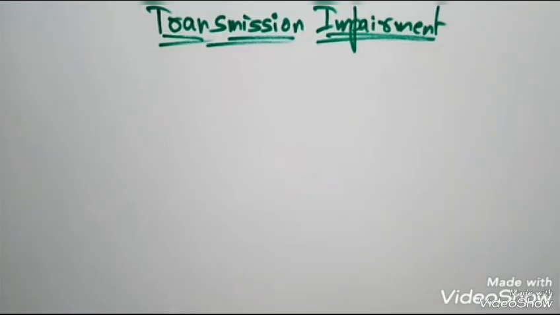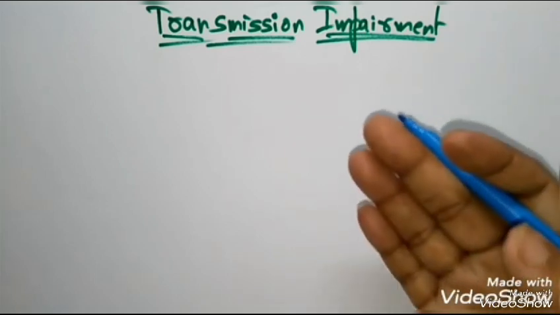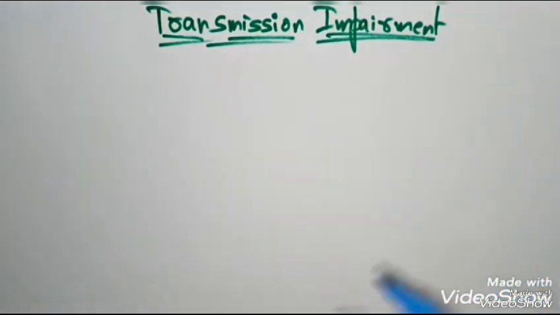So let us describe what is transmission impairment. In a communication system, the analog signals that travel through the transmission medium are transmitted in the form of electromagnetic waves. The transmission medium is not always perfect, so this imperfection causes signal impairment, which means that the received signal is not the same as the signal that was sent.